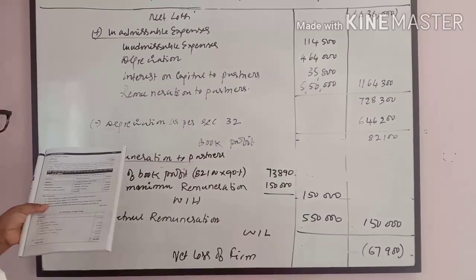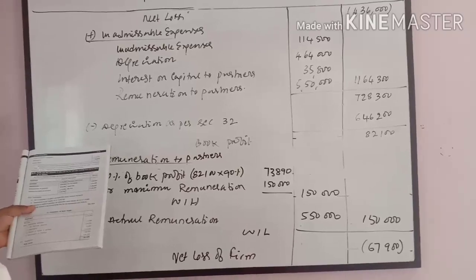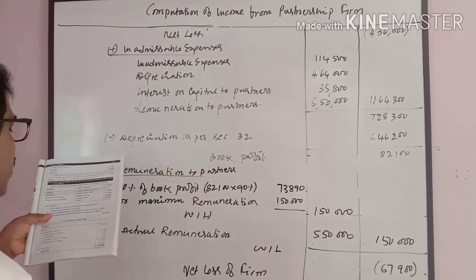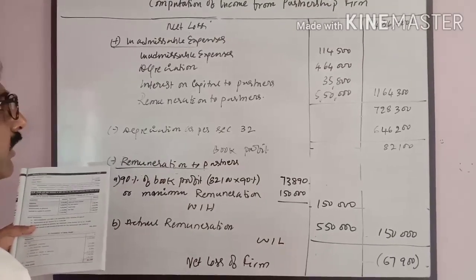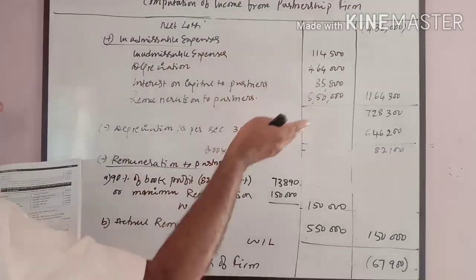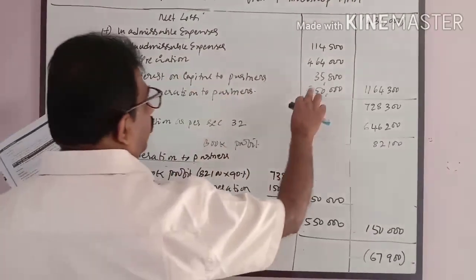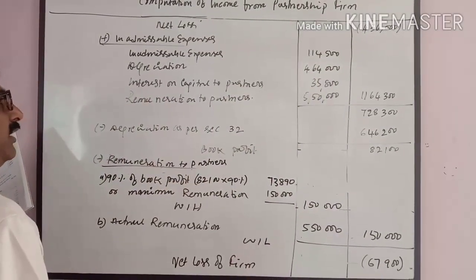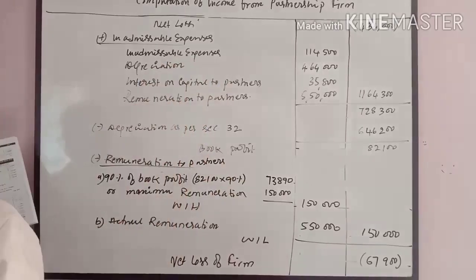Interest on partners' capital not deductible under section 40 subsection B is 35,800. That is above the 12% charge, and it is already calculated and given directly. You can write 35,800, that is in excess of 12%.